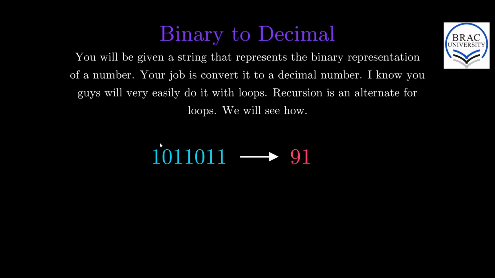But then we determine the decimal equivalent of the first 2 characters, which looks like 10 here, but this is actually 2 in binary. If we convert the first 2 characters to decimal, this will be 2. Then we convert the first 3 characters. 101 looks like 101, but it is actually 5 in decimal.